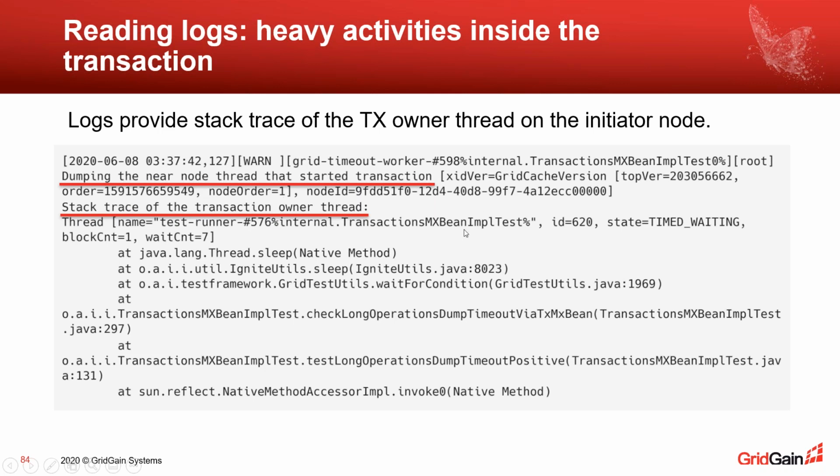So in case you really perform some call to an external slow service, you will see exactly this call in this stack trace. You can also monitor this and make some decisions about probably excluding your long calls outside of the transactional scope.